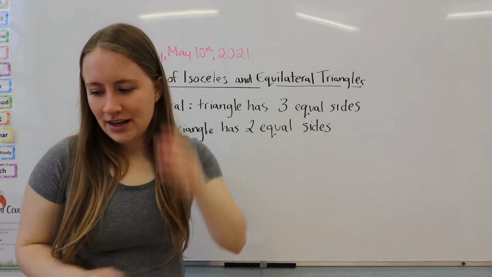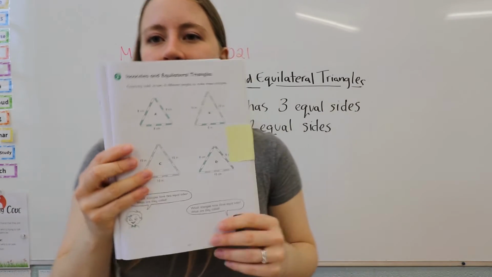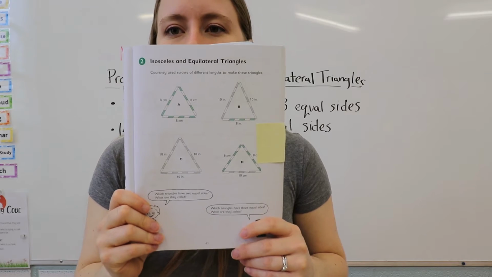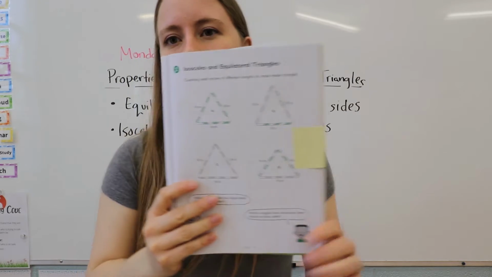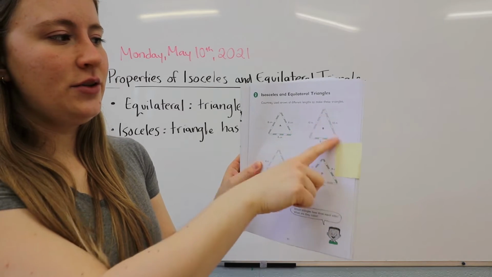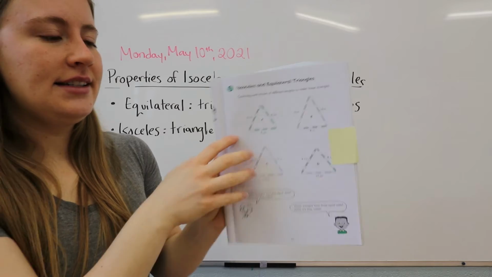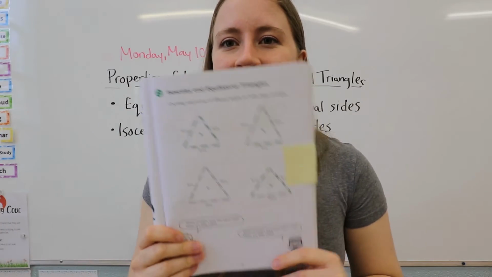So that's how you can remember that an isosceles triangle has two equal sides. Okay? So let's look at our textbook and have a look. Which triangles are isosceles? So we can see that B and D are, because B has two 10-inch sides and D has two 8-centimeter sides. But here's the kicker.